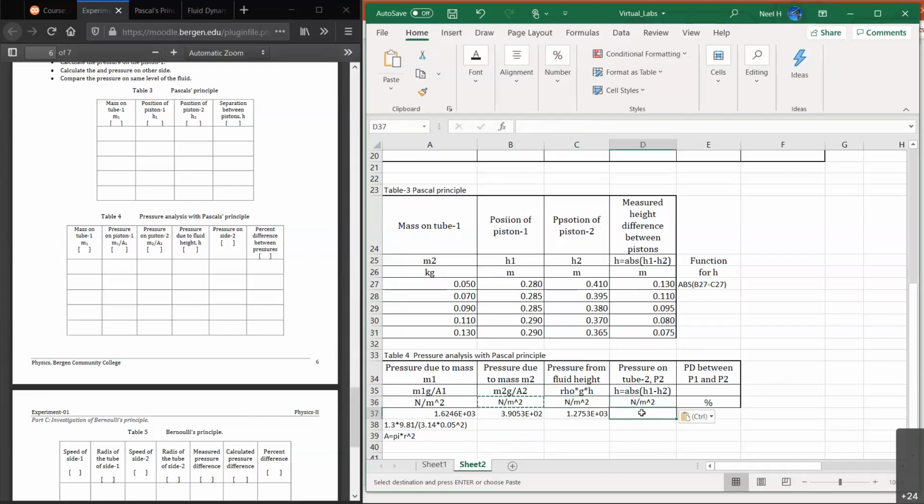And then pressure on tube 2, at the same level of the water, is actually the addition of these two. This part is not needed there. You can add these two columns. Okay, let me copy paste all this function just below that. Then you can refer to that as you need.